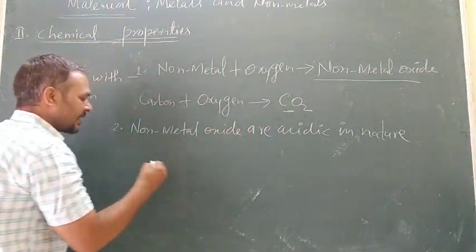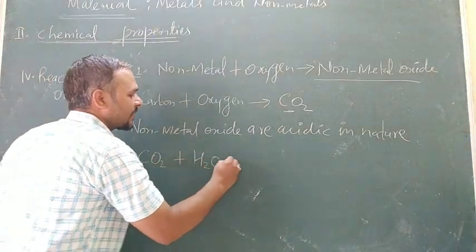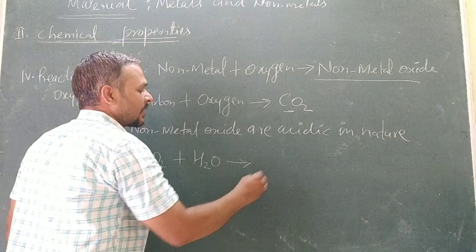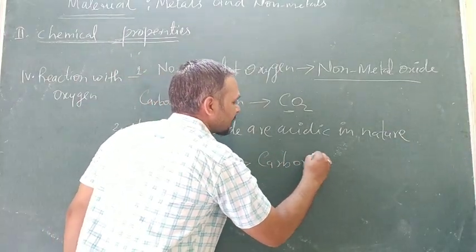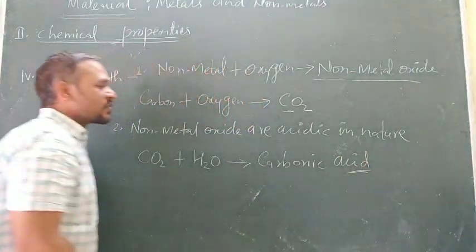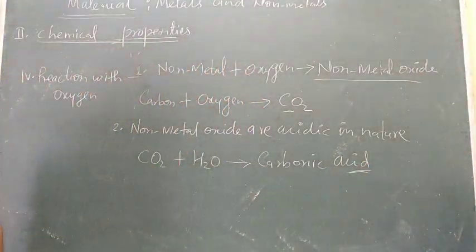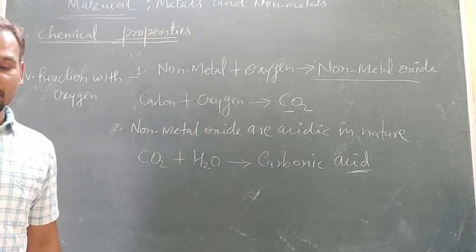Take carbon dioxide, when dissolved in water it gives carbonic acid. So they produce acid, that is why they are acidic in nature. Is it clear, students?